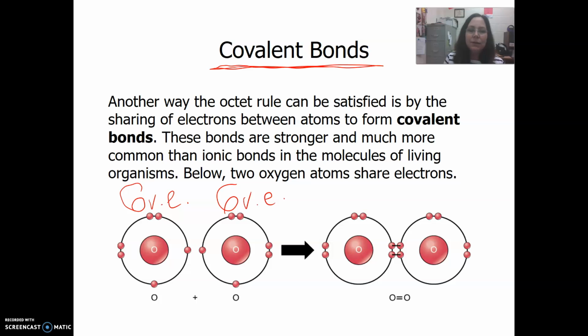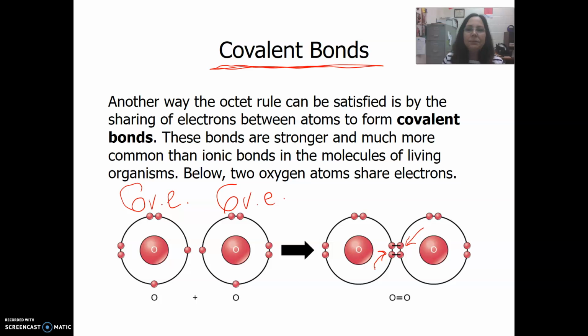So what they do is they share a pair of electrons. These 2 electrons came from the oxygen on the left, and these 2 electrons came from the oxygen on the right. They share them. They move close enough to each other that those electrons are shared within their valence energy level, within their outer energy level.